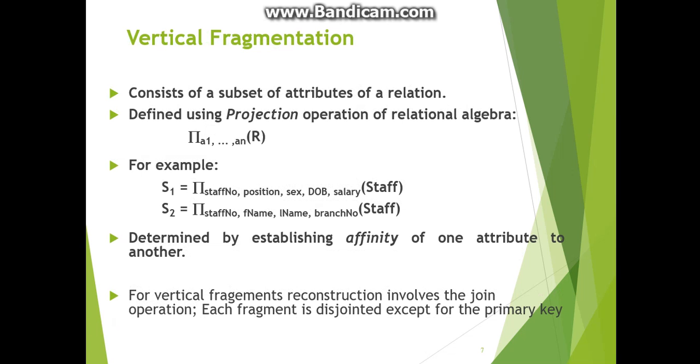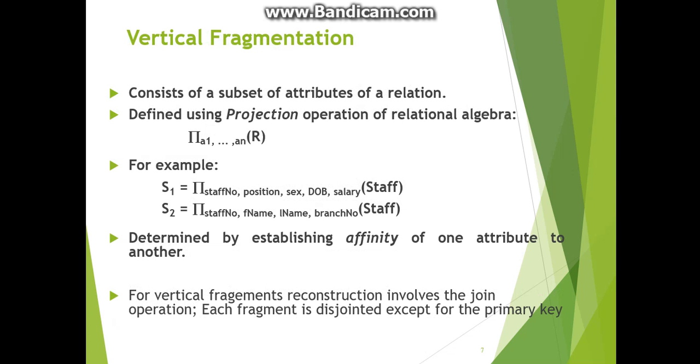Then vertical fragmentation. It consists of a subset of attributes of a relation and is defined using the projection operation of relational algebra, that means pi. For example, S1 equals pi staff number, position, sex, DOB, salary from relation staff. It selects all these attributes, and they will be projected inside the subrelation S1.